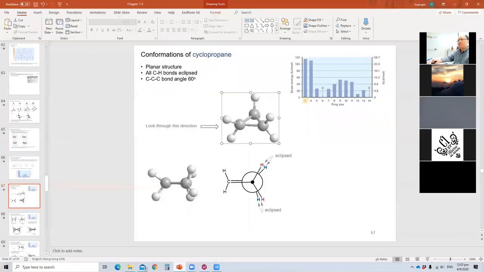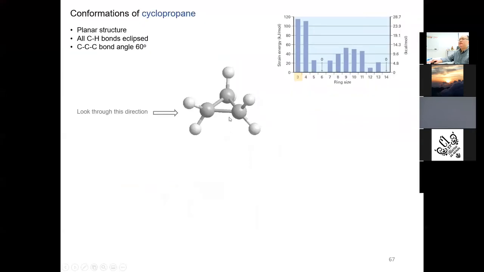Considering all these factors together, it has angle strain because its angle is 60 degrees, away from 109, and torsional strain because of the eclipsing of this CH bond and this CH bond.